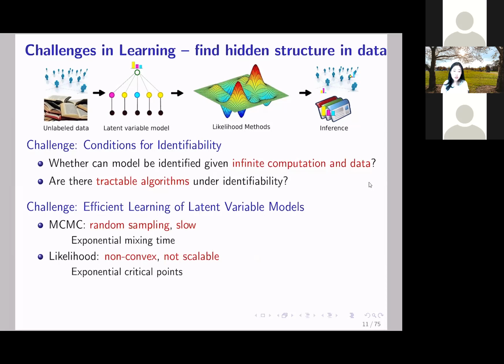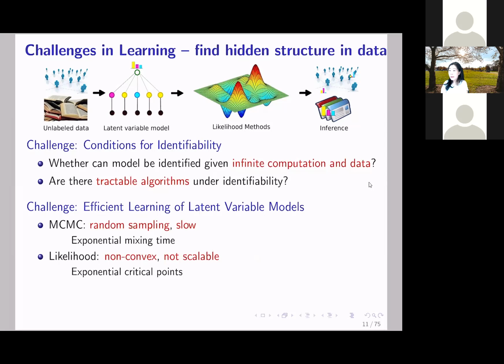But the likelihood method depends on optimizing over the likelihood, right? The problem with the likelihood is that it's non-convex and usually not scalable, especially since computing this likelihood is very expensive in a high dimensional space.